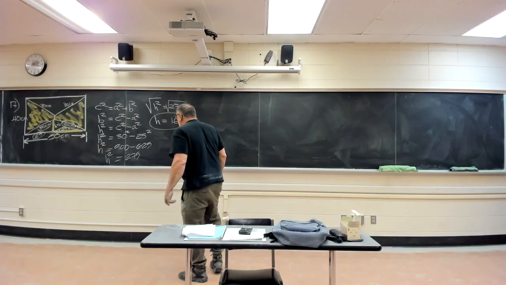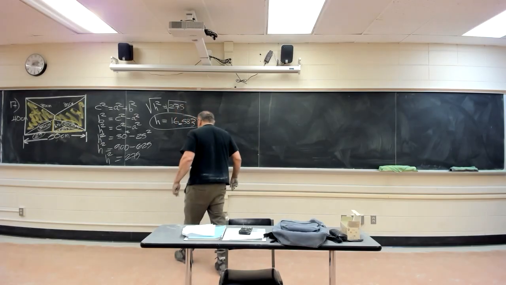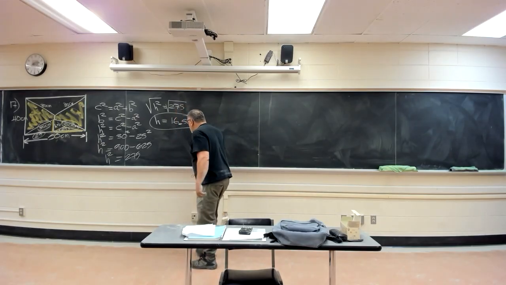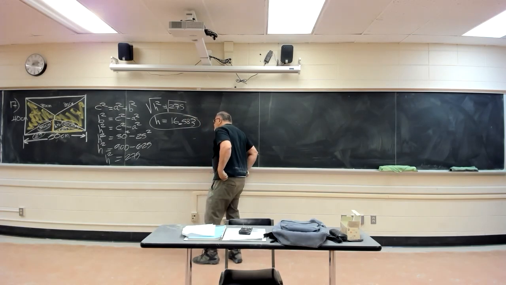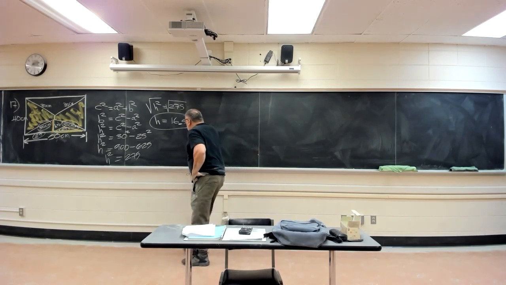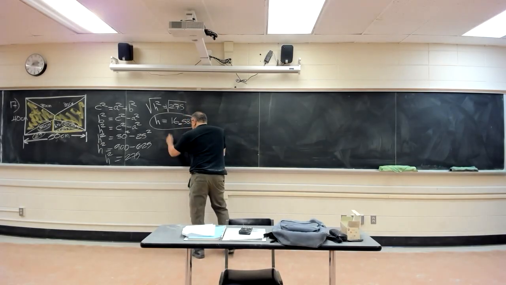Then I'm going to multiply that by a half, and I'm going to get 414 point, 514.575, something like that. Basically what we're doing is the whole area, you guys, total.